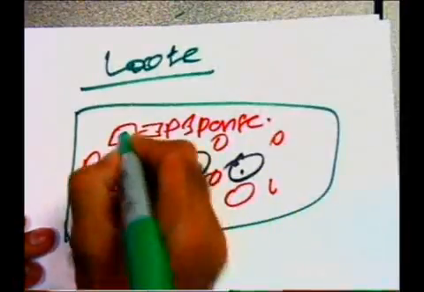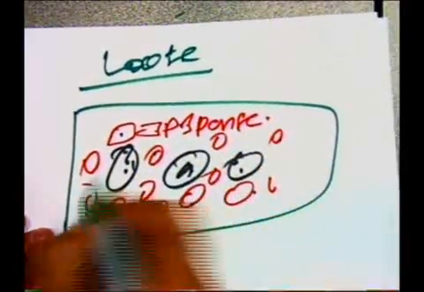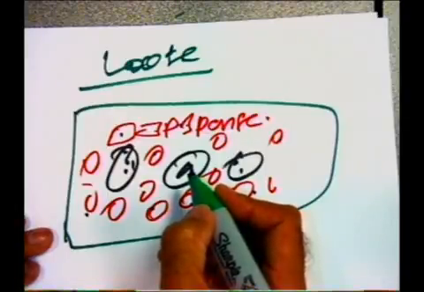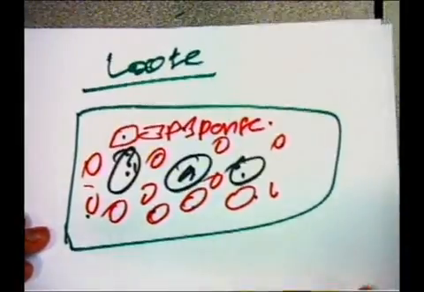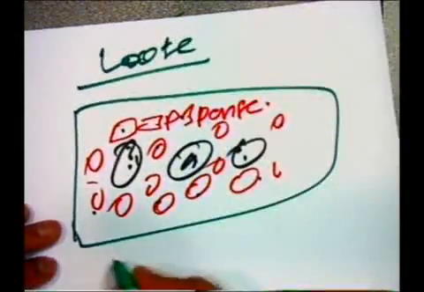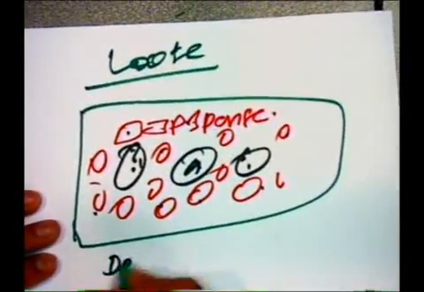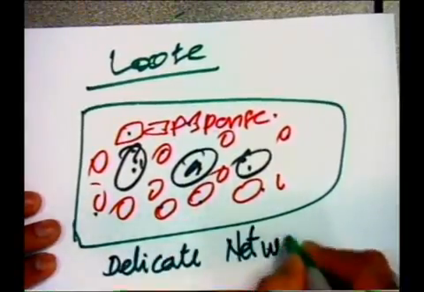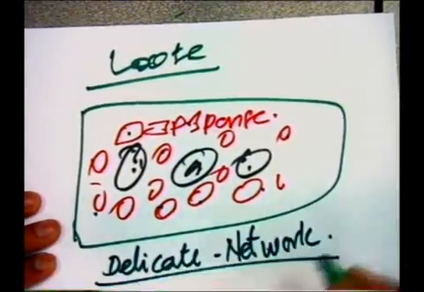This is one type of organ. This is another organ, and the red one is our areolar or connective tissue. Okay, and it is classified as a delicate network. The loose connective tissue is formed as a delicate network in our system.